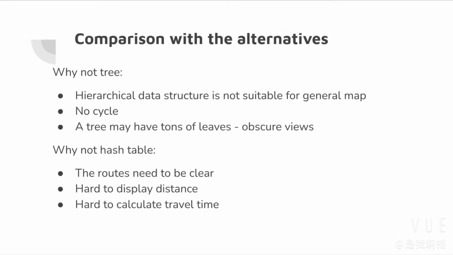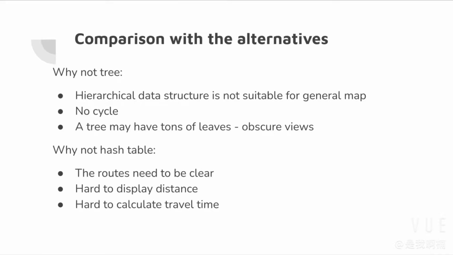So the tree is a hierarchical data structure. Generally, there's not one place that needs to be the top of the hierarchy or the bottom one. So it's very hard to decide how to display the tree. And there is no cycle in the tree, so it limits the structure or the shape of the tree.